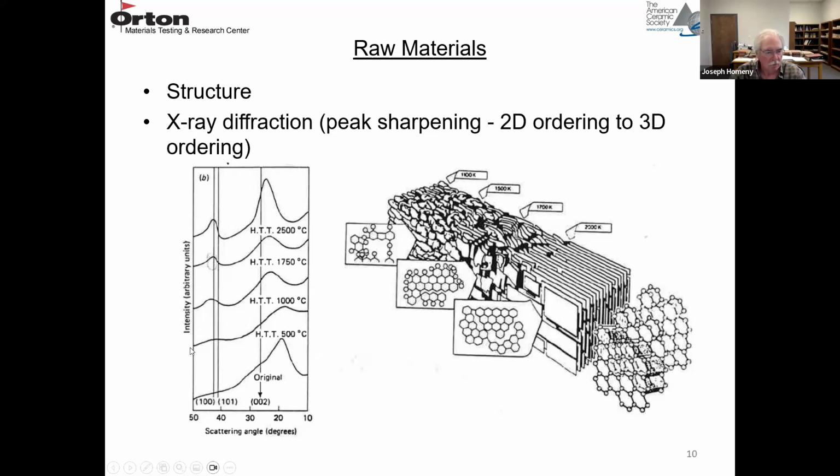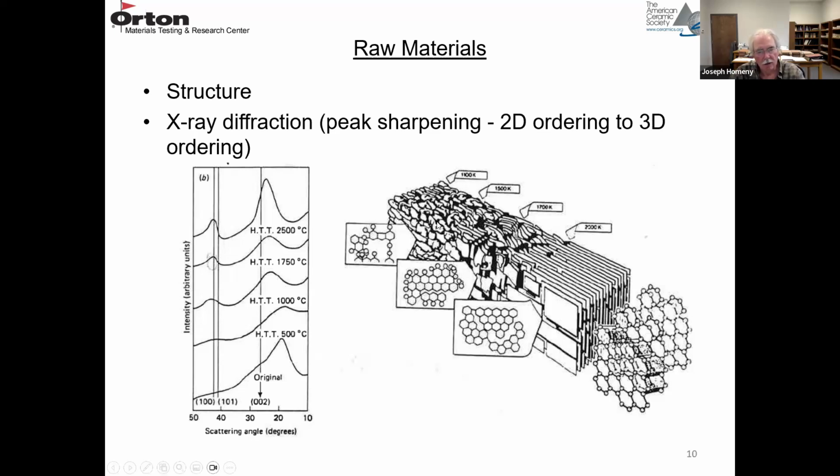And if you do the X-ray diffraction as a function of temperature, there's peak sharpening. So there's these different peaks for graphite, and as you increase the temperature, you increase the graphite content, and the X-ray diffraction peaks increase in intensity.